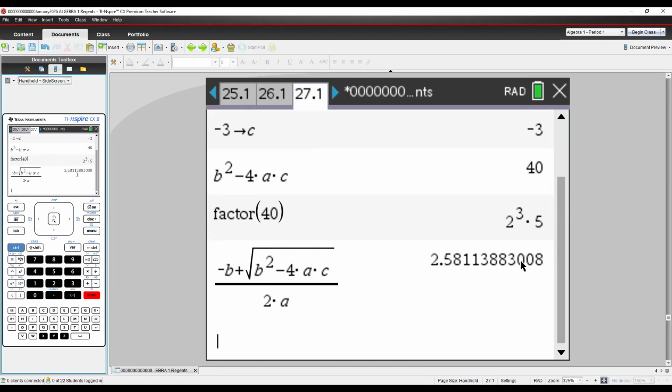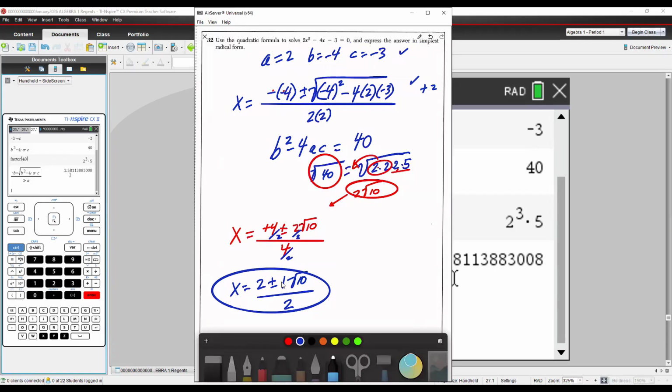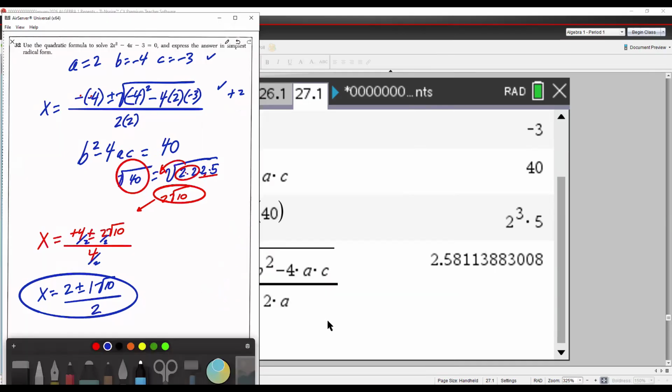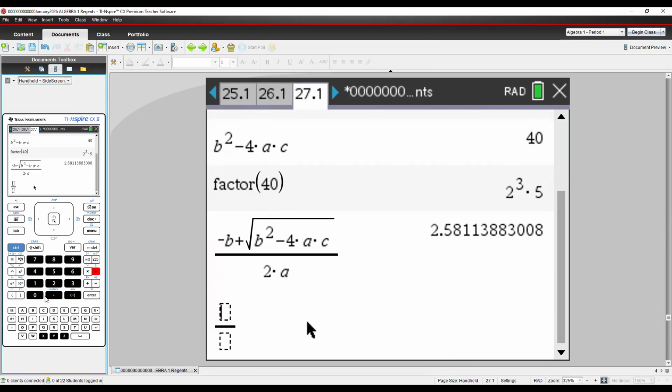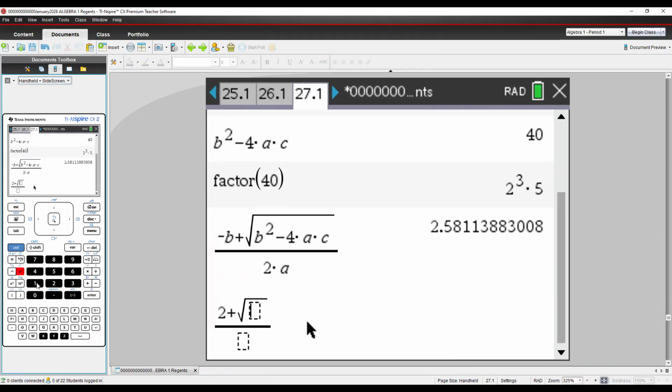And then I do that. And of course, it's going to be a decimal because it's irrational. But now I'm going to type in my answer, and when I press enter, they should match. If they don't match, that means I've messed up someplace. So let me move this over here. And then I'm going to do control divide for stack fraction, and then I'm going to go 2 plus the square root of 10, because that's what we had, simplified.